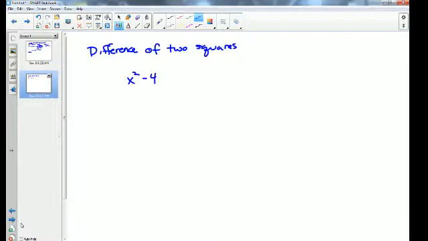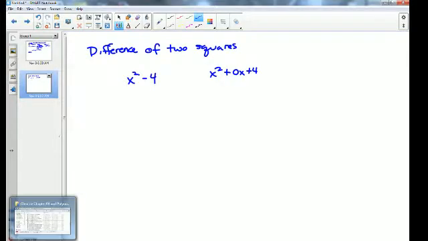Is there an x term? Yes. There's an x squared term? No. Is there an x term in here? No, there's 0 of them, right? So if you need to, you can rewrite this and factor it.